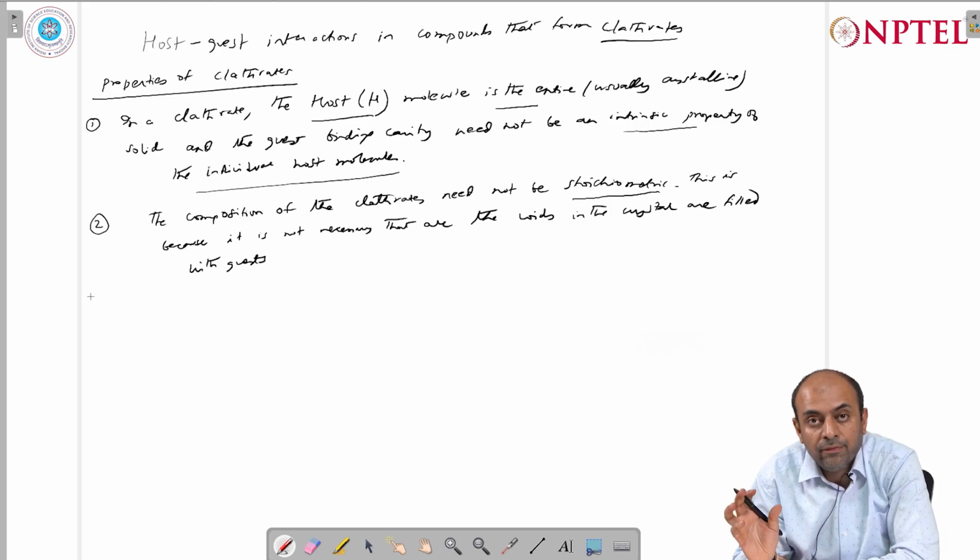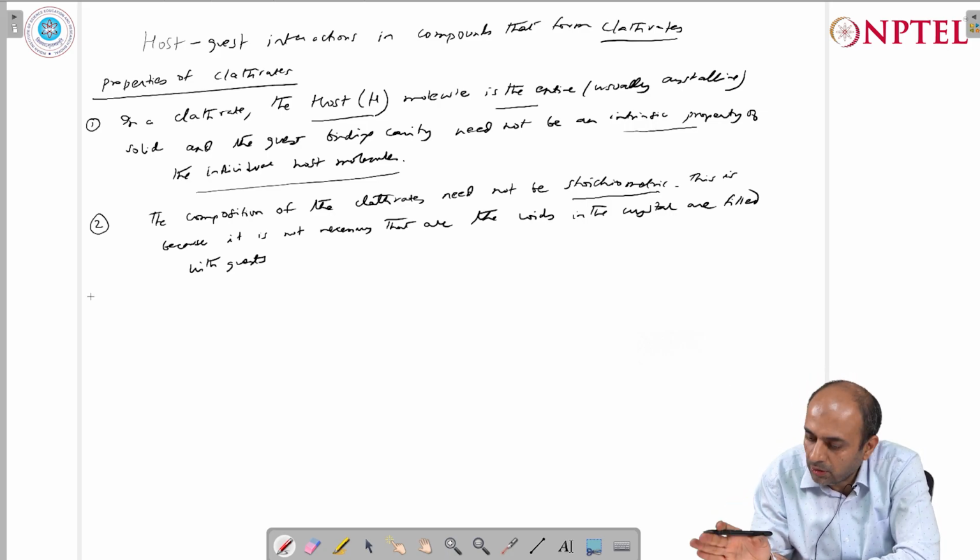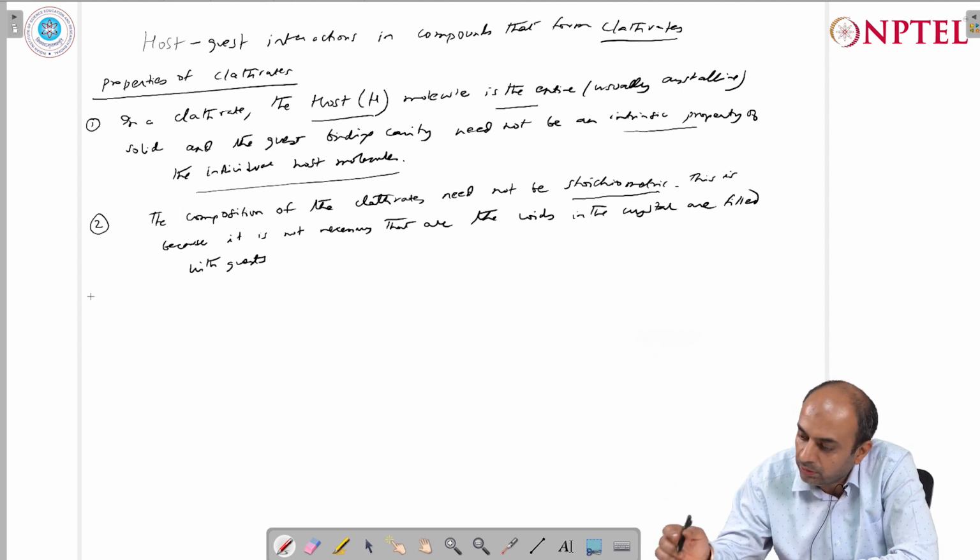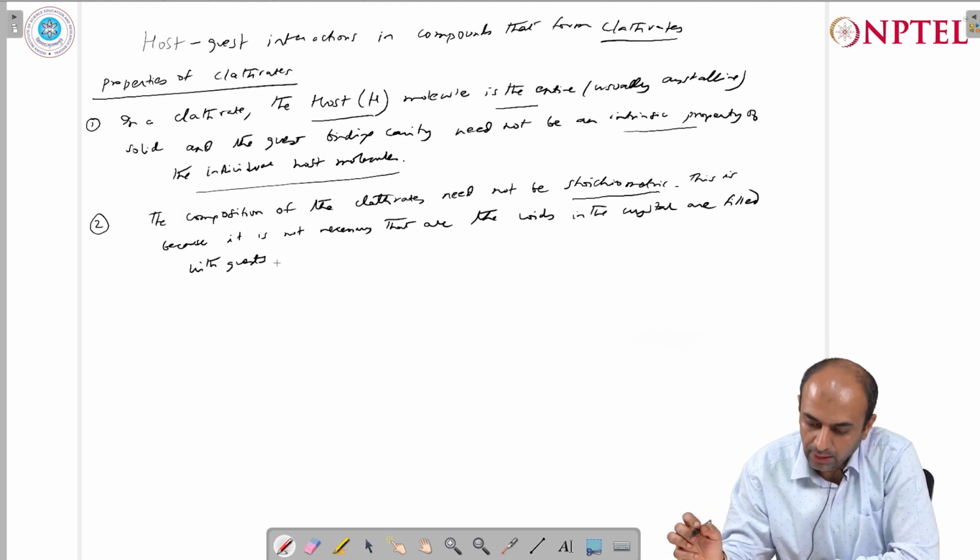So we can have clathrates which are non-stoichiometric. This is because it is not necessary that all the voids have to be filled up with the gas.